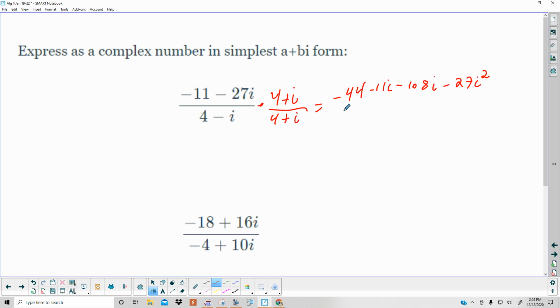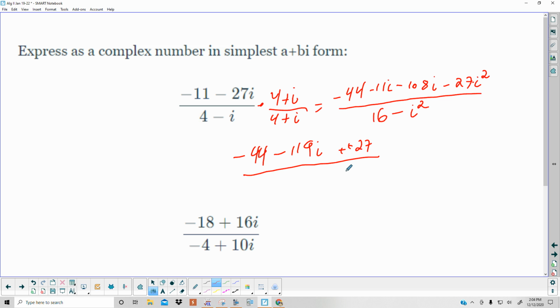Now that's the top. The bottom, square the first thing, minus square the second thing. So the top is minus 44 minus 119i minus a negative 27, because that's times i squared, which is negative 1, so it's minus negative, so that goes plus. The bottom, that's i squared, so it's 16 minus a negative 1, which is 17.